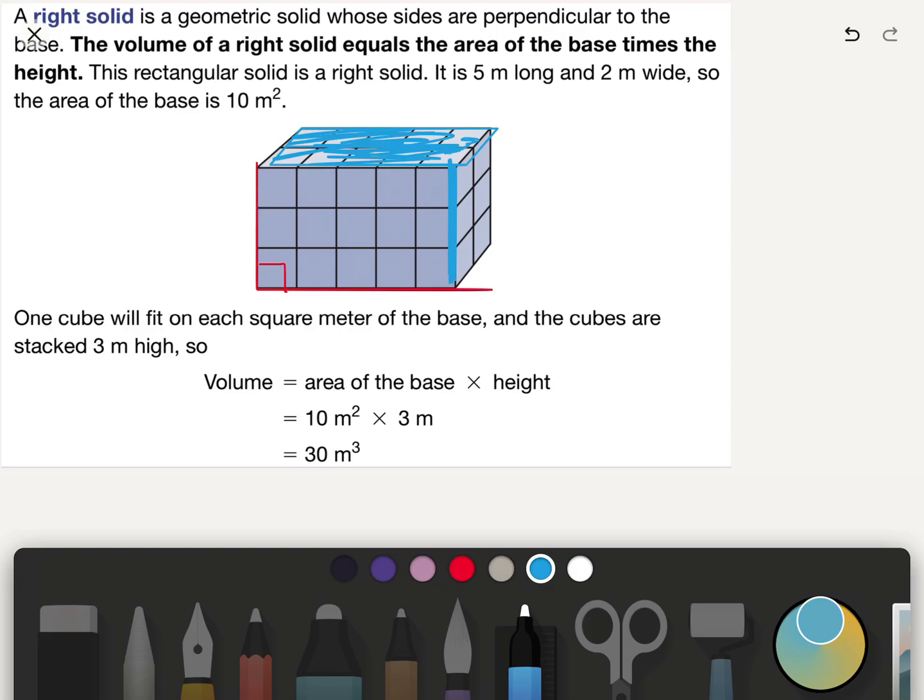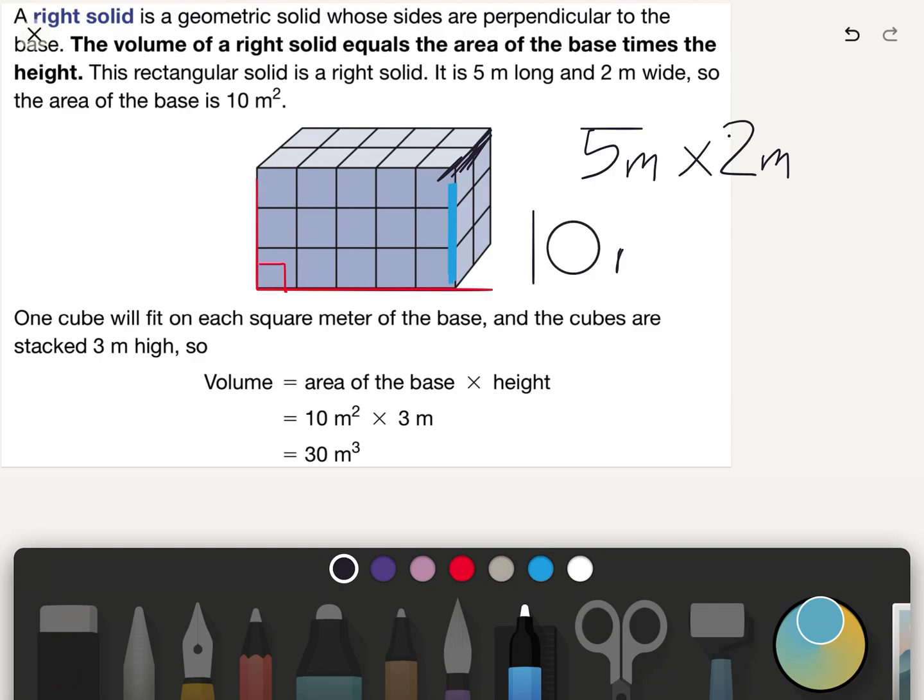So we can look at this and see that it is 5 across, and we are working in meters, times the 2 meters. So that's going to get us to 10 meters squared.